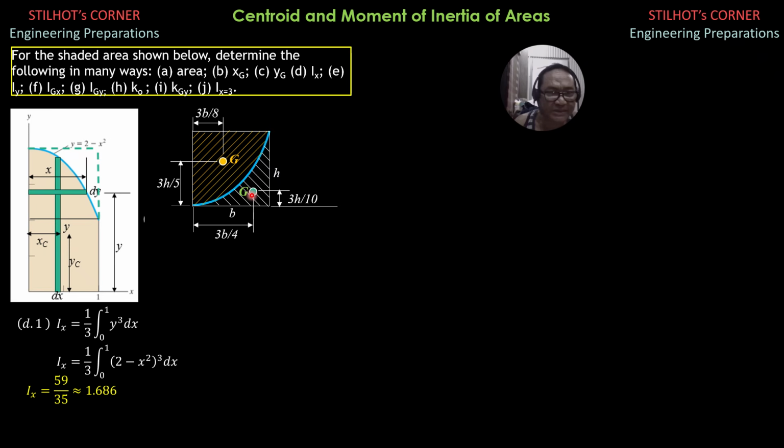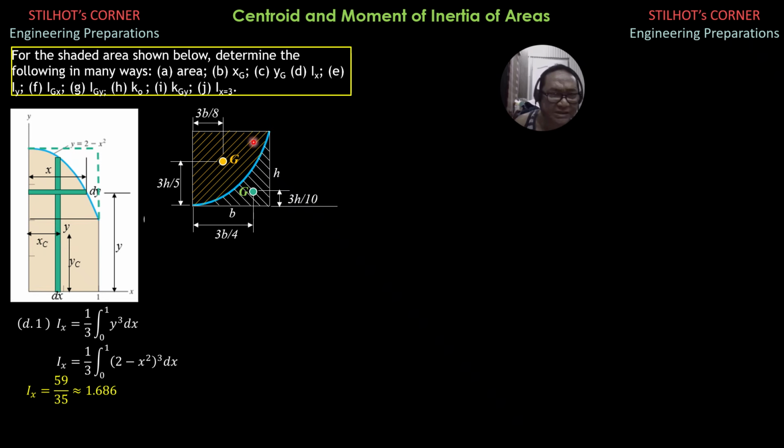That's the location of the centroid: along the tangent to the vertex, 3/4 of b, and perpendicular to it, to the centroid, is 3/10 of h. Remember, the technique is that the numerator for the location of the centroid is always 3.